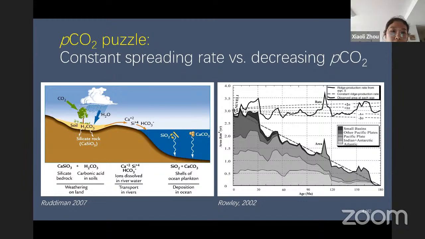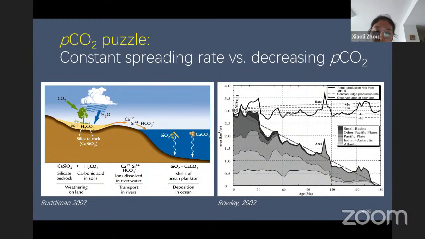So on the long term, the sources of CO2 from the mantle degassing and its sink as calcium carbonate are relatively balanced. That means if the source has been constant, then the sink should also be relatively constant.